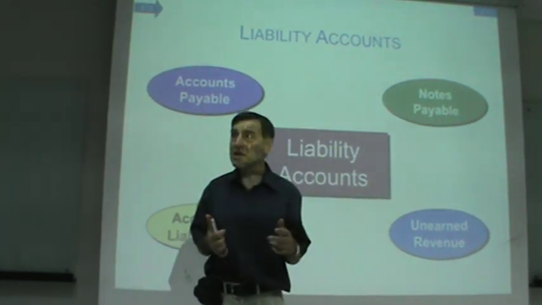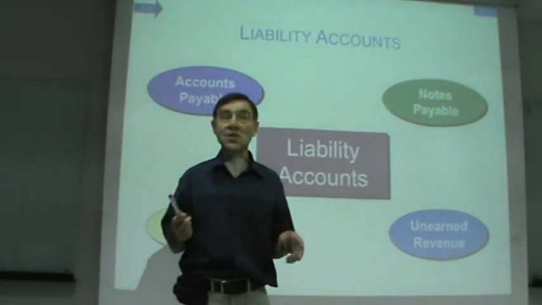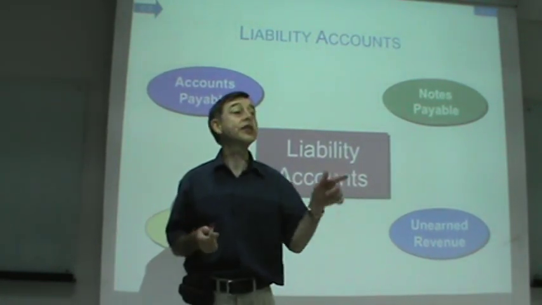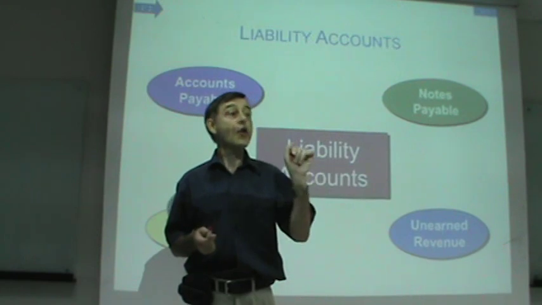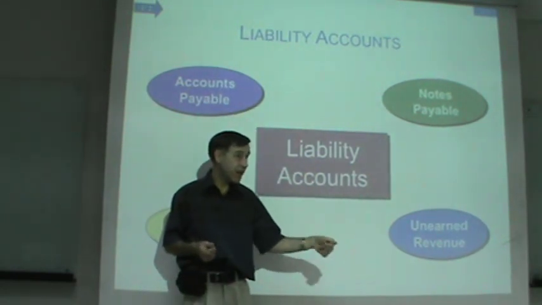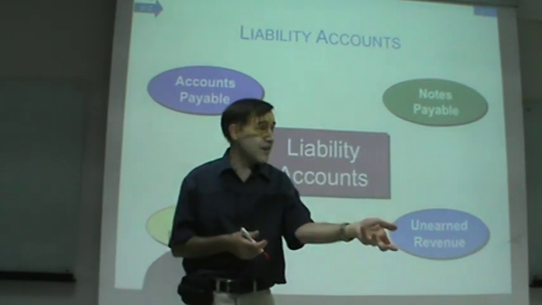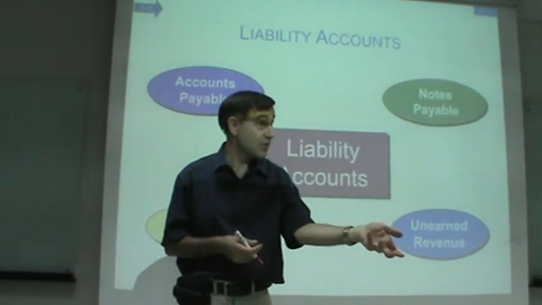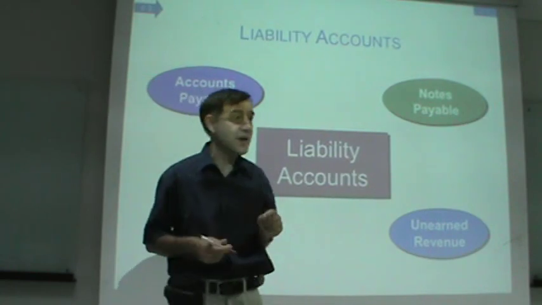Now, here is a great example of unearned revenue is student tuition. When you pay tuition at the beginning of the semester, right? Do they want you to pay upfront? Is it a prepaid? Or you pay at the end of the semester?